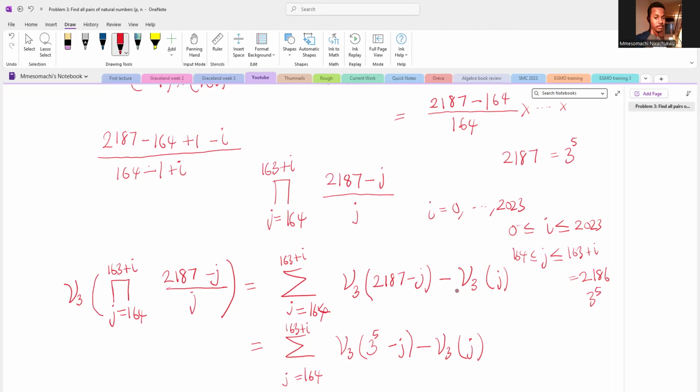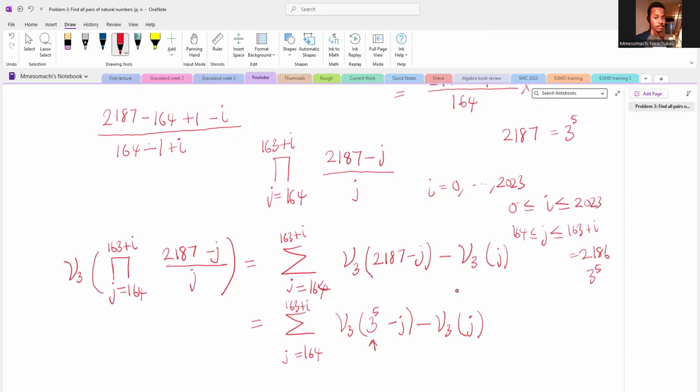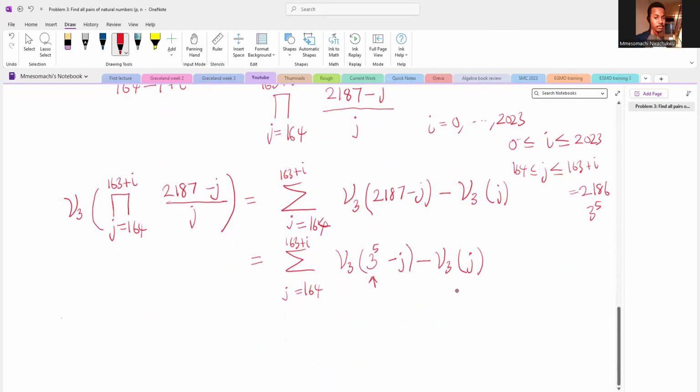Now recall what I said. Since 3 divides this, I need to mention a property of periodic values. For instance, look at the periodic value of 3 in, let's say, 9 plus 3. This is just the periodic value of 3 in 3, because 3 is the lower power, which is just going to be 1.